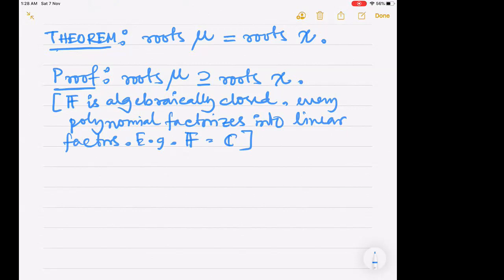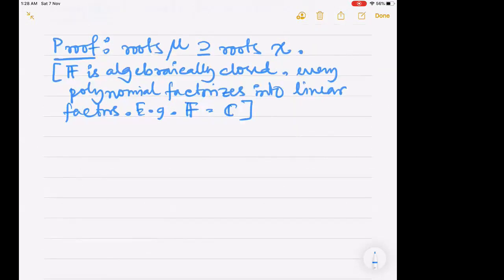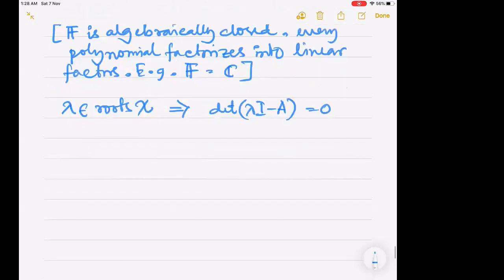Now, we want to prove that roots of chi is contained in roots of mu. So suppose lambda belongs to the roots of chi, which means determinant of lambda I minus A is equal to 0. But this means there exists v not equal to 0 such that (lambda I minus A) v is equal to 0.